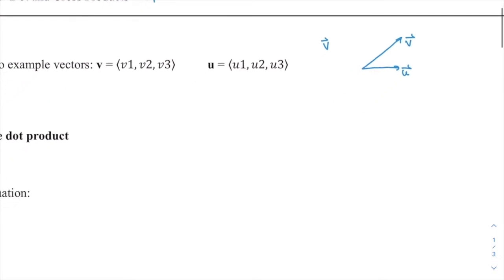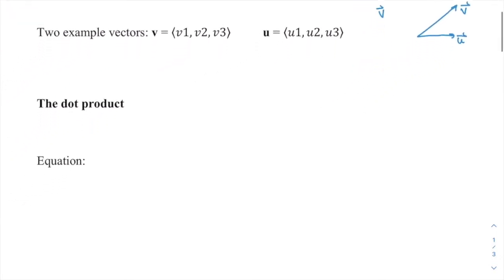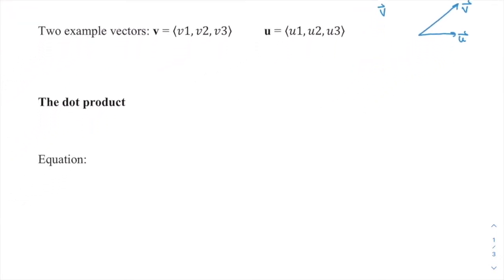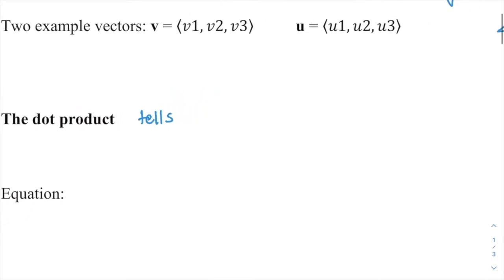So the first one is the dot product. And the dot product is an operation that can tell us something about how parallel two vectors are.